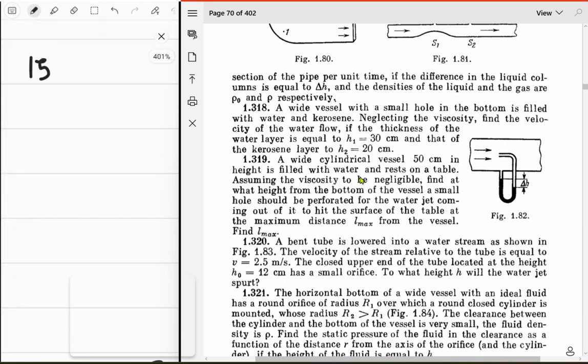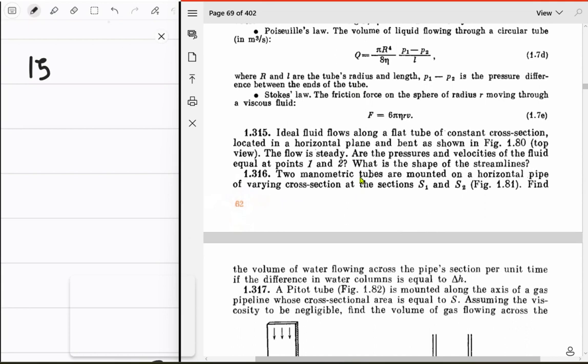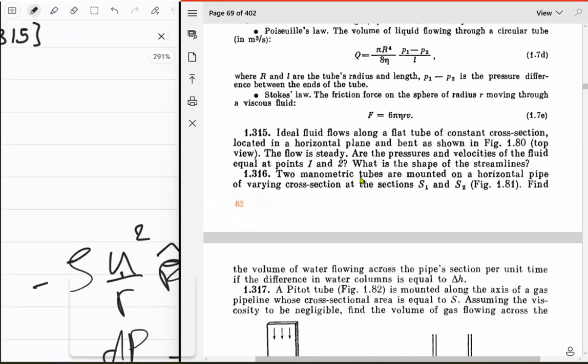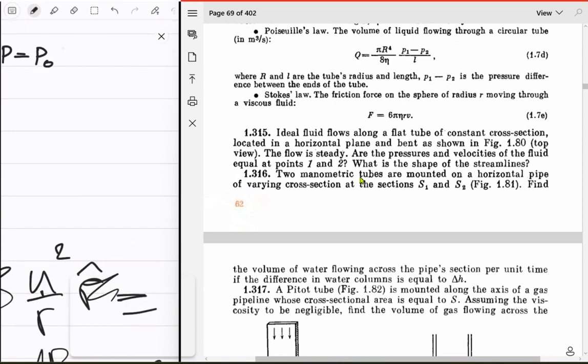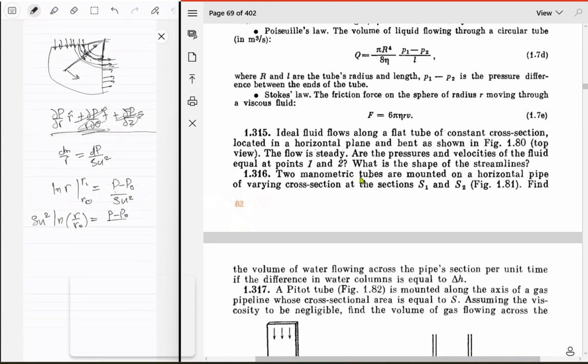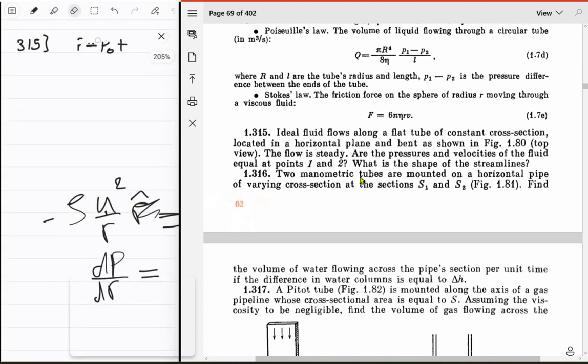So 315, okay. Just write down our result. So P is equal to P naught plus, and usually I reserve P naught for the atmospheric pressure, but whatever.